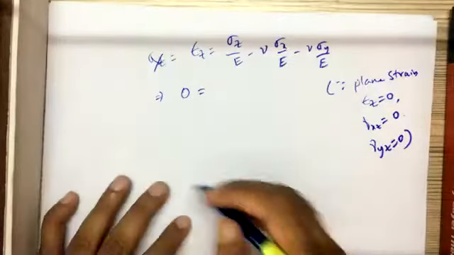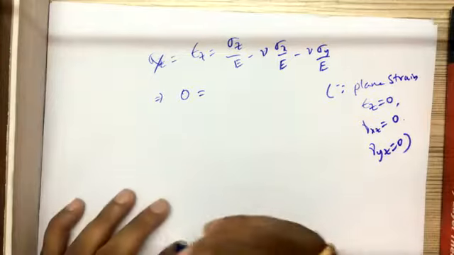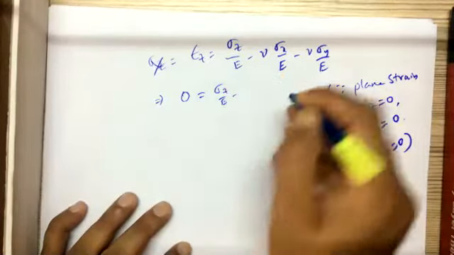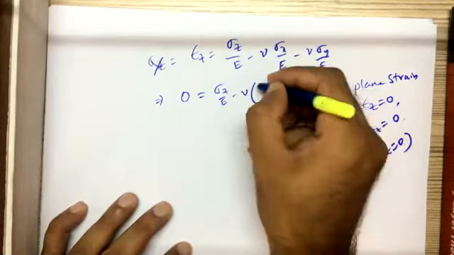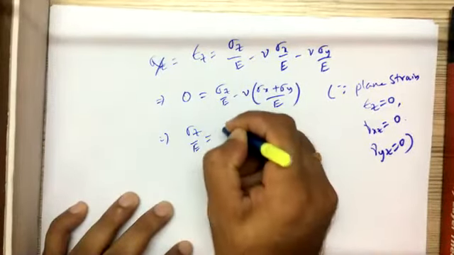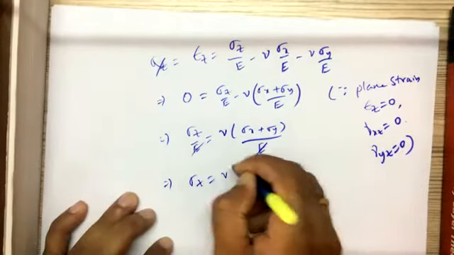If you have any doubt, you can go back to the previous. Fine. So sigma z by E, I can take nu common: minus nu into (sigma x plus sigma y) by E. Taking the terms to the other side, sigma z by E is equal to nu times (sigma x plus sigma y) by E. I can cancel the E's. So sigma z is equal to nu times (sigma x plus sigma y).